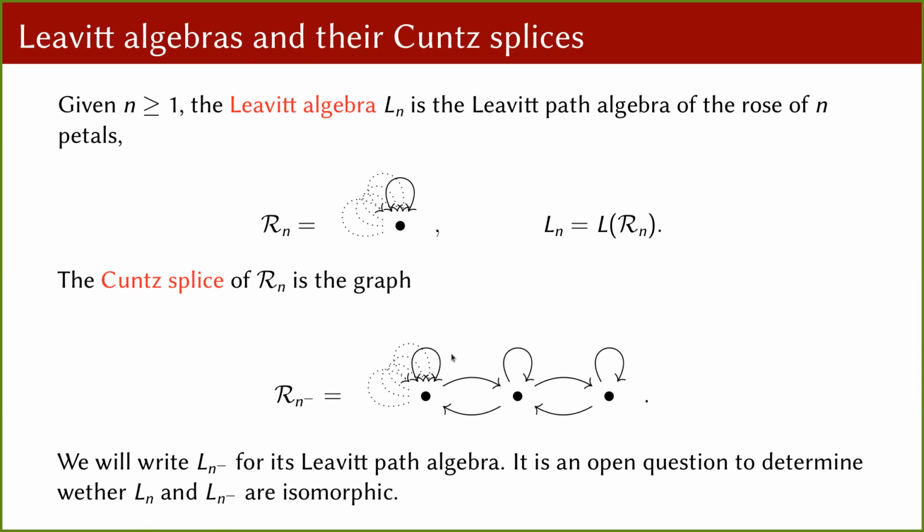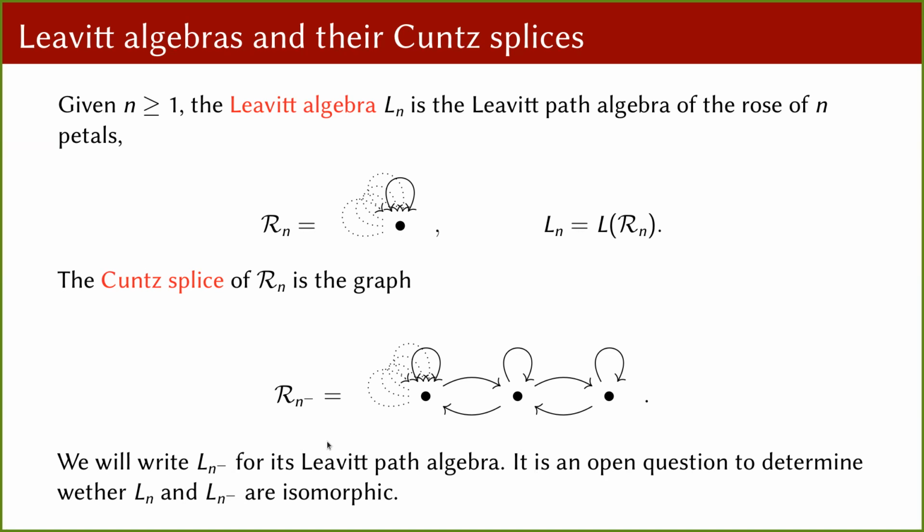A specific case of interest is that of Ln. And so in this talk, the idea will be to show that isomorphisms, or more generally morphisms between these algebras, are in a sense ill-behaved.